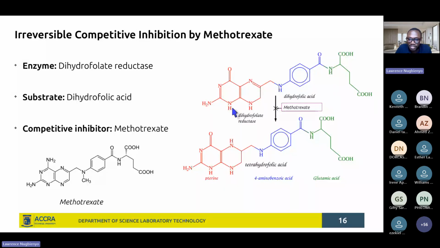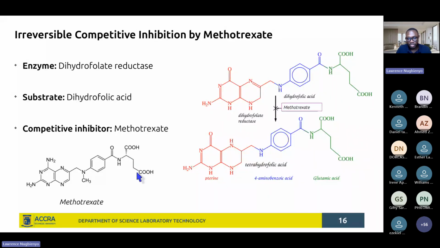Where else? You can see on the two rings for dihydrofolic acid, the rings that are fused together, these two nitrogens have hydrogen on them. If you come to the drug, methotrexate, there is no hydrogen on those two nitrogens. And there's even a double bond that has appeared there because the hydrogen is not there. I think everything else is the same, except for those things that we have pointed out.